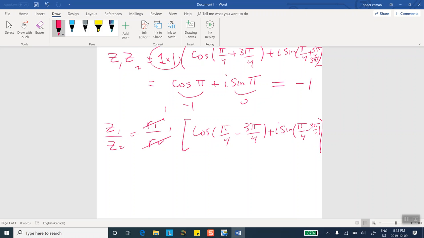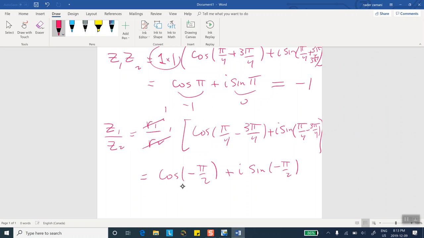Okay, let's clear it up. So this is cosine of, if you subtract this, pi over 4 minus 3 pi over 4 is minus pi over 2, plus i sine of minus pi over 2 also.